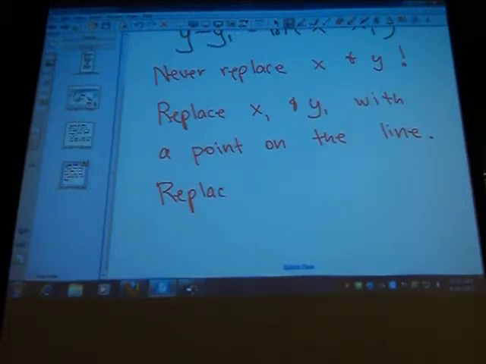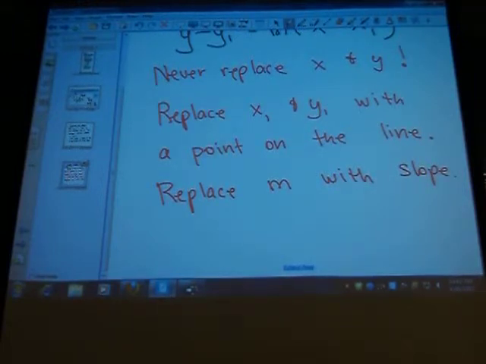And we replace m with what? Slope. Okay? Now, once I replace everything, then what do we want to do?